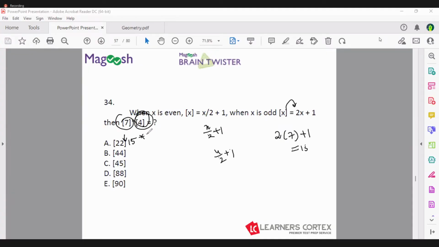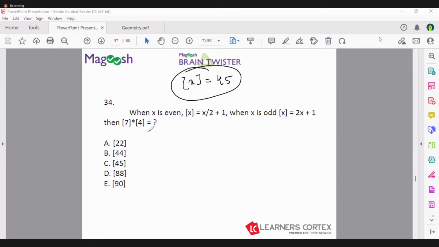So 15 times 3 is 45. Now remember, what is important here is that 45 is the answer without the function. It is not in brackets. Okay. So there might be a value of x which would give us 45 as the answer, and that is what the question is asking.